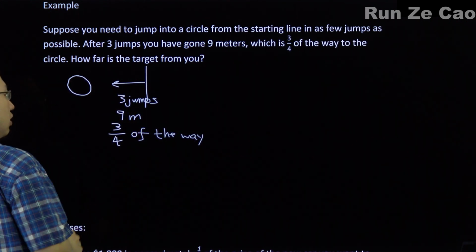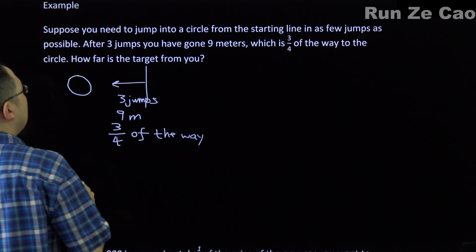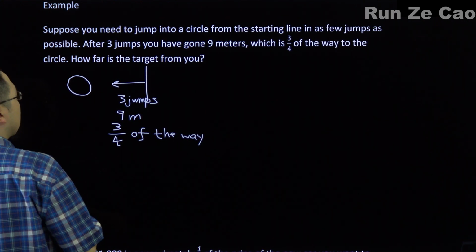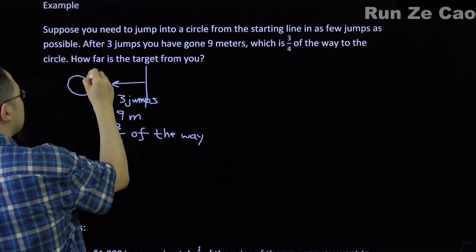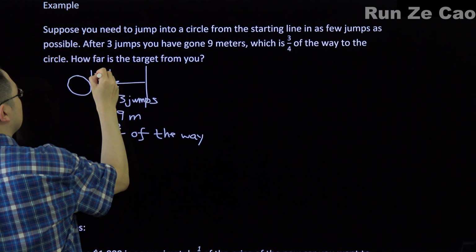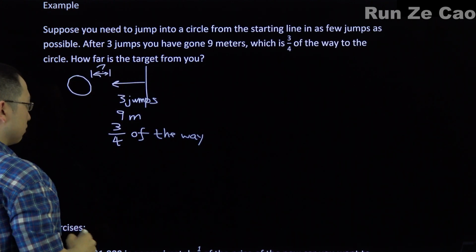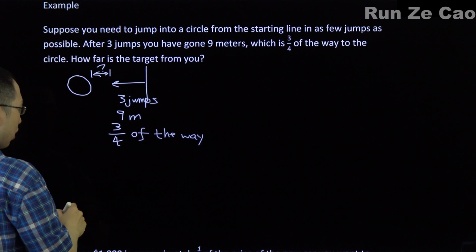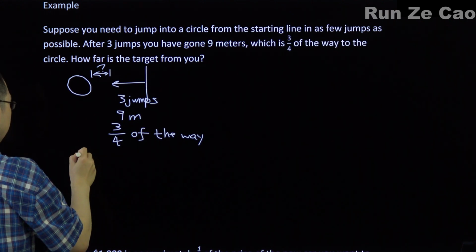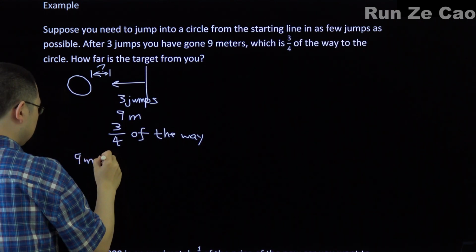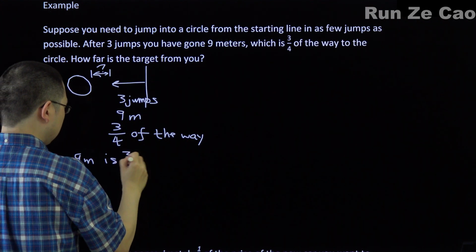So you list out what you know. And how far is the target from you? So you want to know this distance. This is the question mark. You want to know the remaining quarter. 9 meters is 3/4.